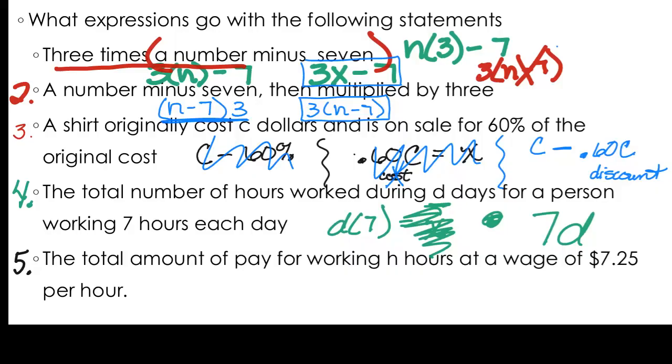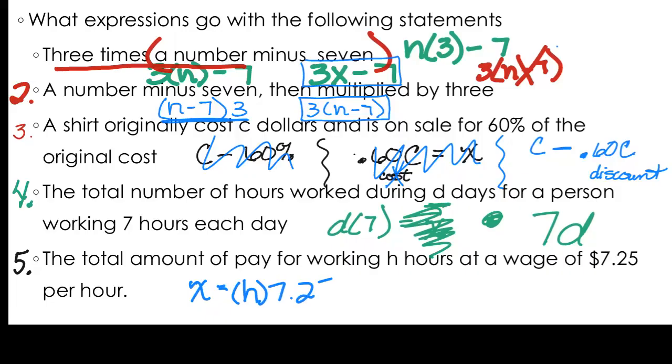Probably, like the wage equals hours, parentheses, 7.25. Wage? Okay, what should I write down exactly? What would you like me to write down for the total amount of pay for working H hours? X equals, well, in parentheses, hours and 7.25.